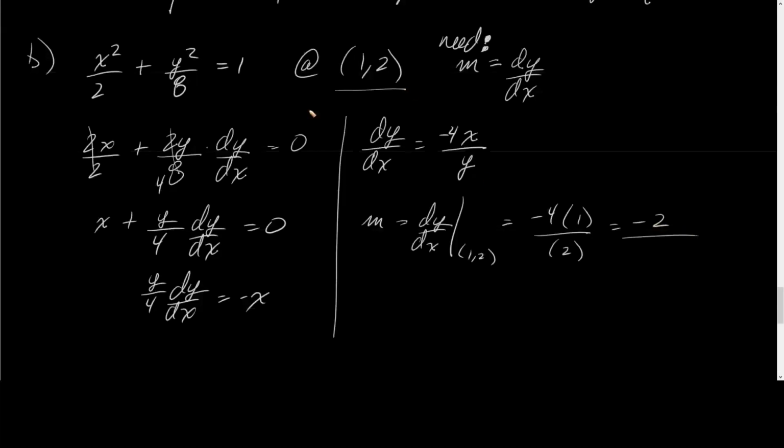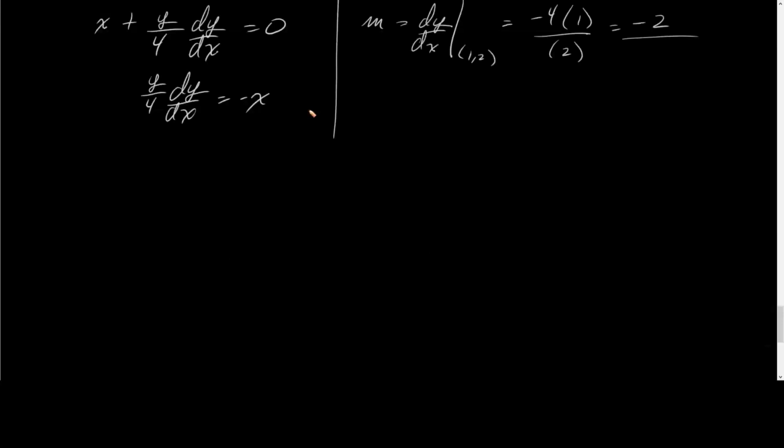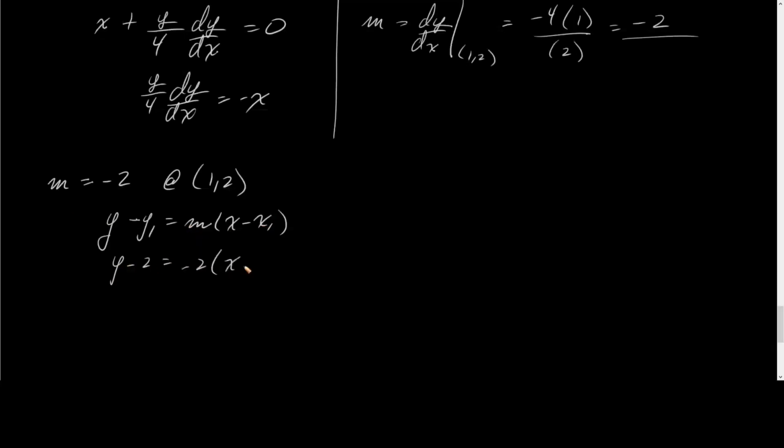I have a point and a slope. So our slope was negative 2, and our point was 1, 2. To find the equation of a tangent line, we'll use the point-slope equation: y minus y1 is equal to m times x minus x1. So we have y minus 2 is equal to negative 2 times x minus 1.